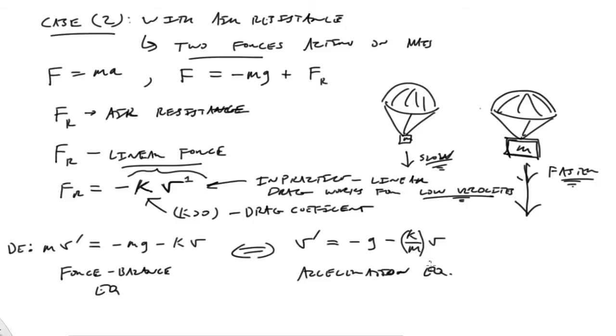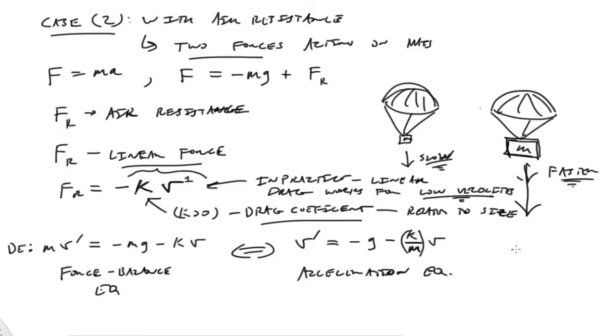So here's the thing. We see that the coefficient on the linear term involving v depends on this drag coefficient, which is related essentially to the size of the object and how resistive it is to air. So in this case, how big your parachute is, essentially. And it's divided by the mass.